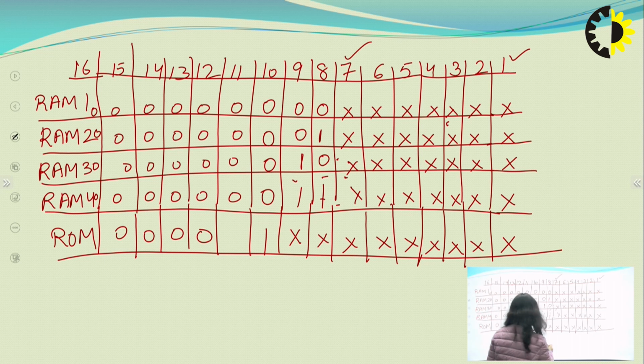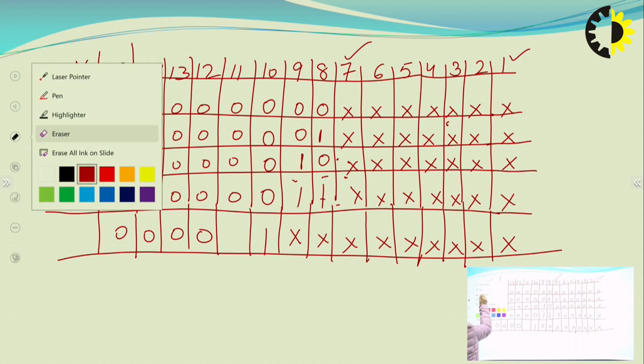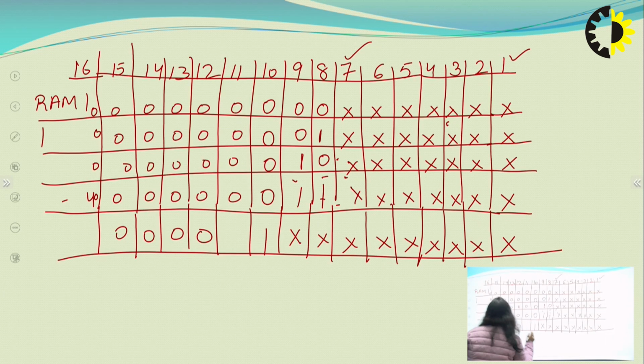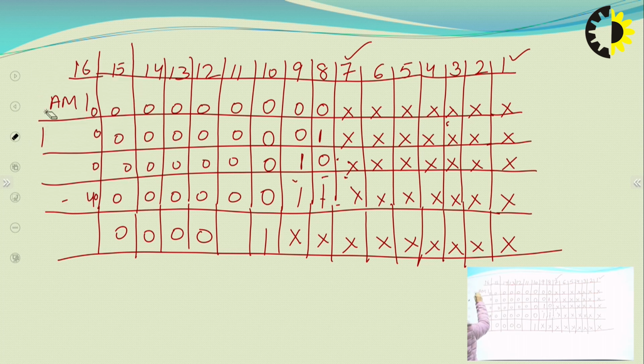Let us make this more clear. Because this is a 16 bit address, we are putting the value to be 0.